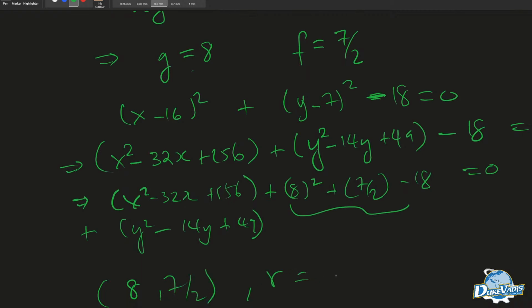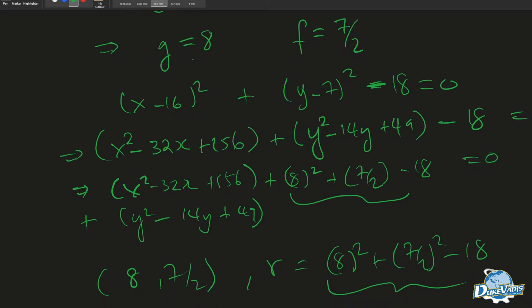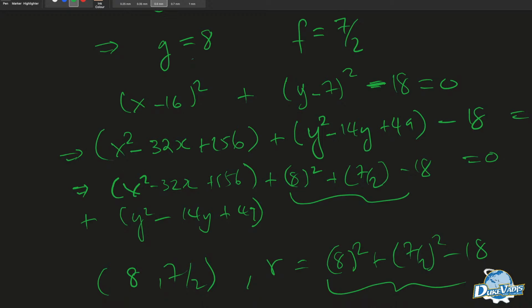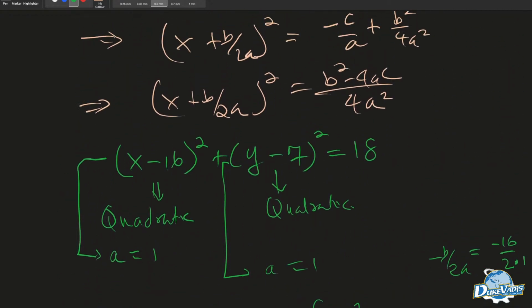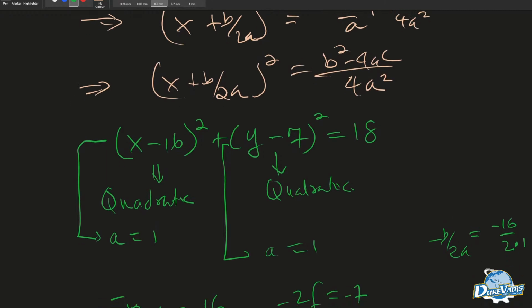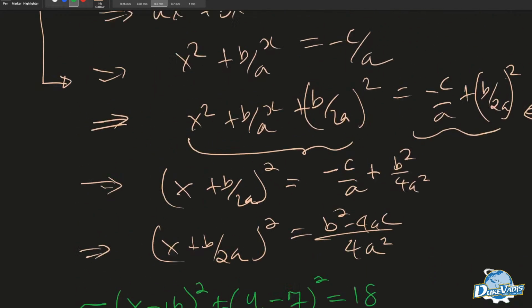And the radius will be the square root of 8 squared plus 7 over 2 squared minus 18. When we compute this, that will give us the radius of the equation. Friends, I always tell students there is always a faster way of solving this kind of question.